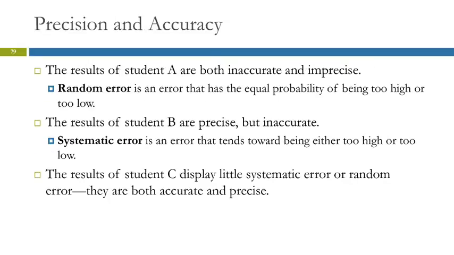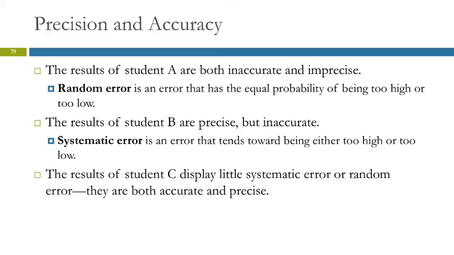So what can cause systematic error? Misunderstanding what you're doing or how to use an instrument. If you're using a ruler to measure a length and you're measuring from the end of the ruler instead of from the line marked 0, that's going to give you a systematic error. All of your lengths are going to be too short.